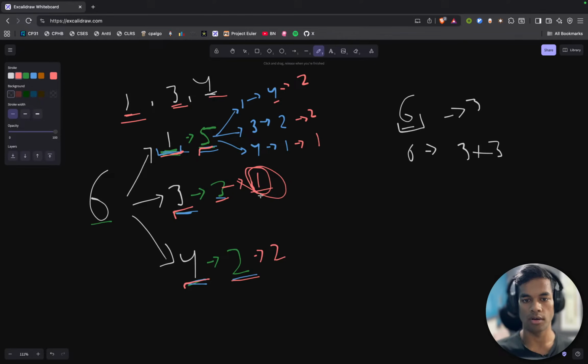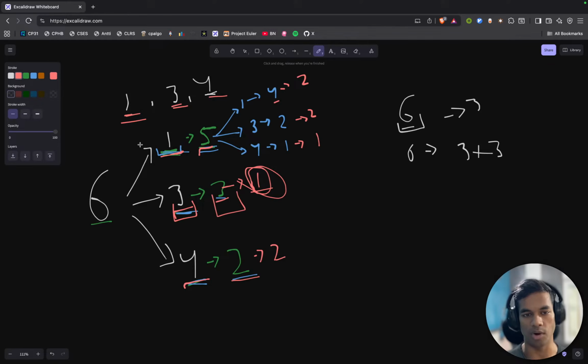okay, so I messed up saying which part is the problem and what is the solution. They are all mingled up, but the thing is, when we choose 3 as our last coin, the answer came out to be 2.